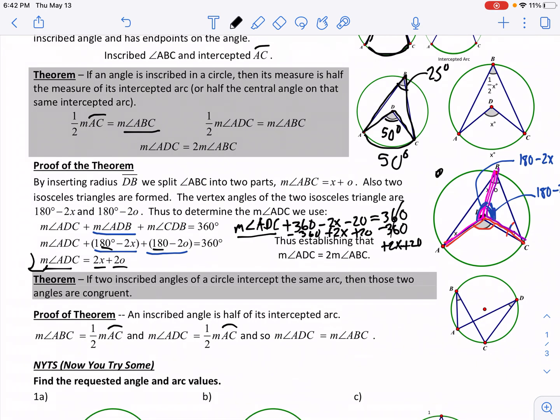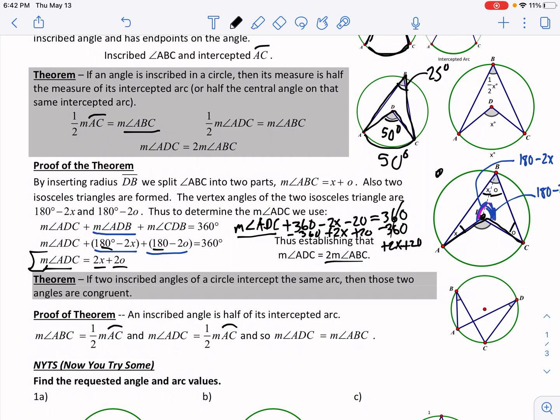So we're confident that we know that the measure of ADC, going back here, is equal to 2 of the x's, notice this x and this x, plus 2 of the o's, that guy and that guy, okay? Well, here's what they're trying to say over here.